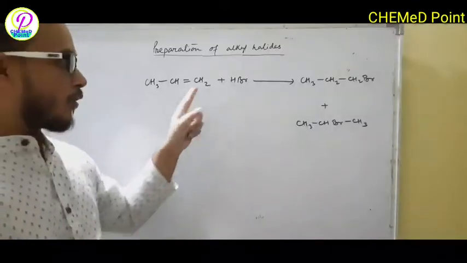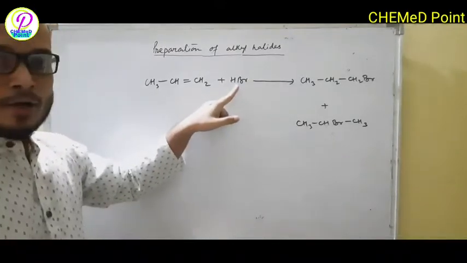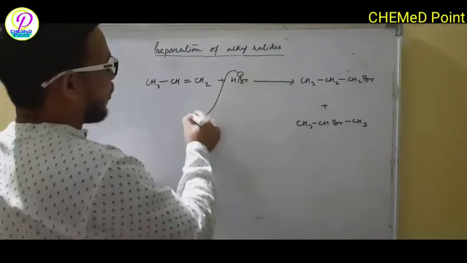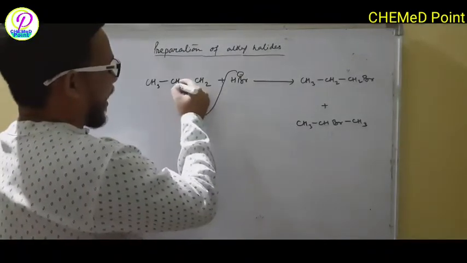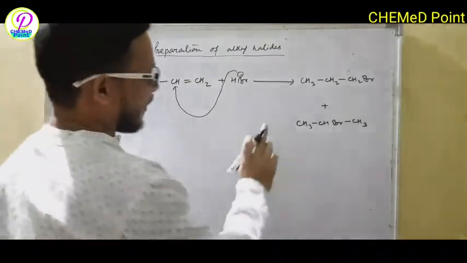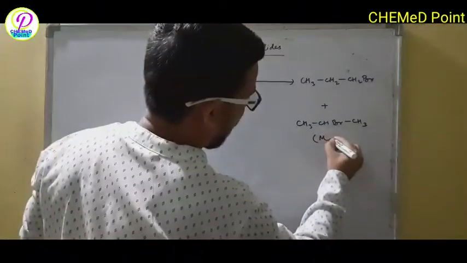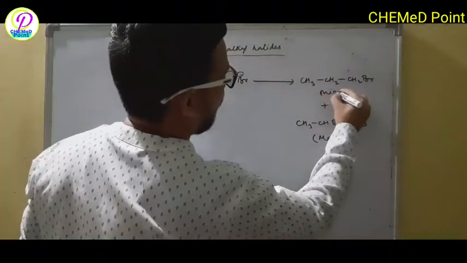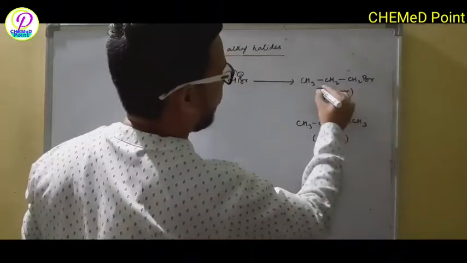So according to Markovnikov rule, the negative part of addendum will be added to those double bonded carbon which has the less number of hydrogen atom. So this product will be our major product and this will be minor product.